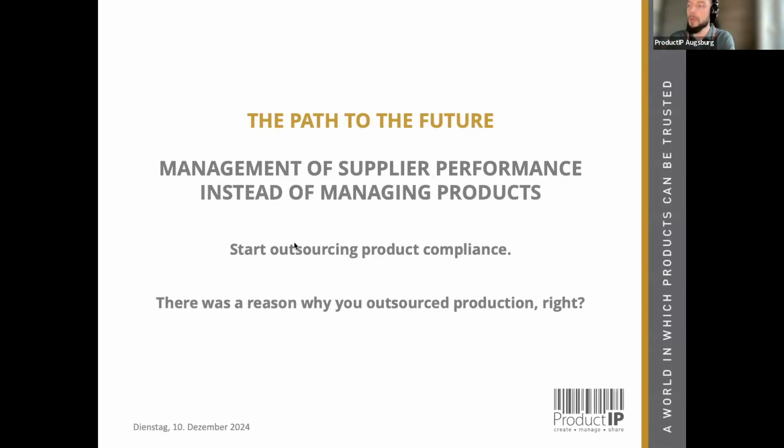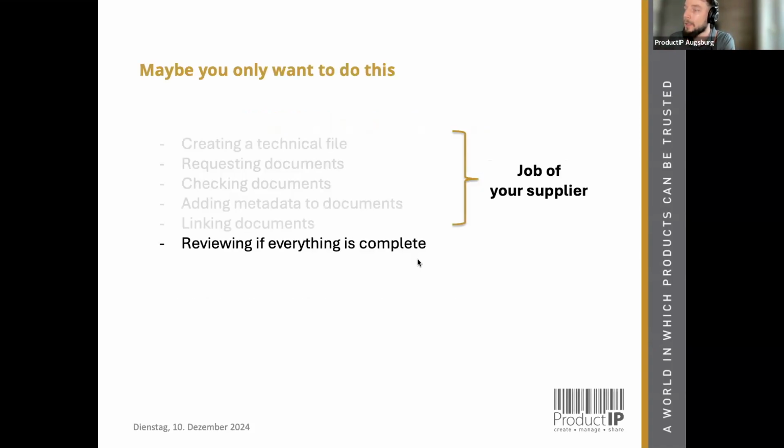There was a reason why we outsourced a lot of production to Asia or into the East. Maybe you only want to do this in the future: have your supplier doing the main aspect of the operational work, so you only have to review if everything is complete so you can perform the shipment.